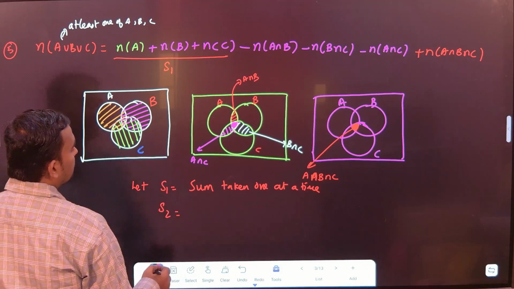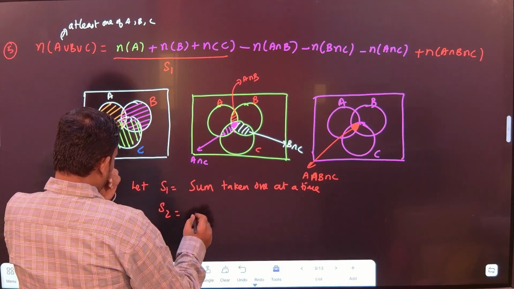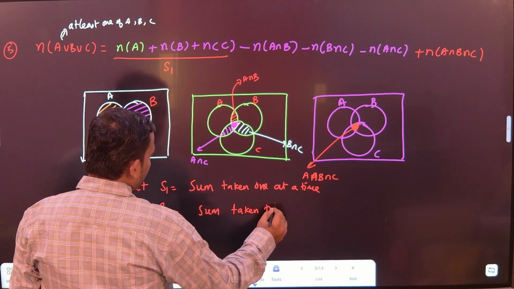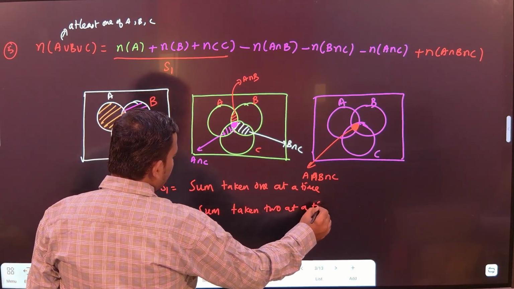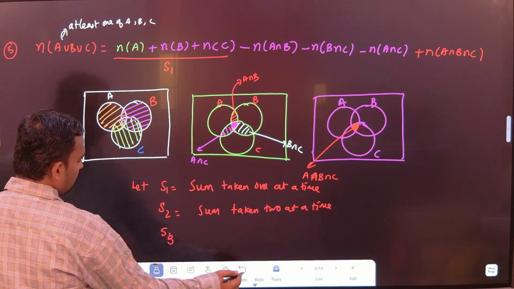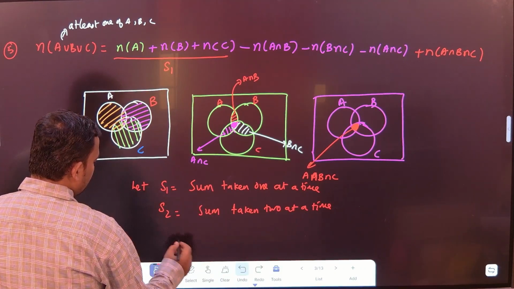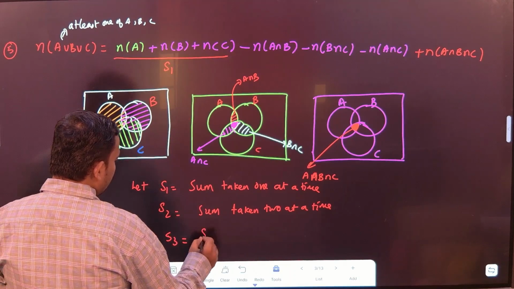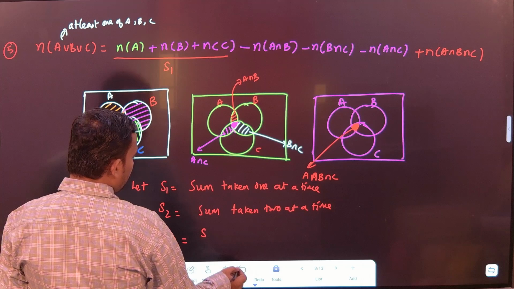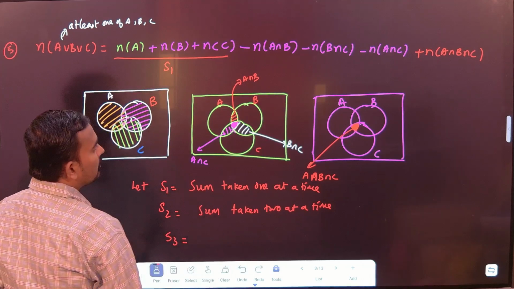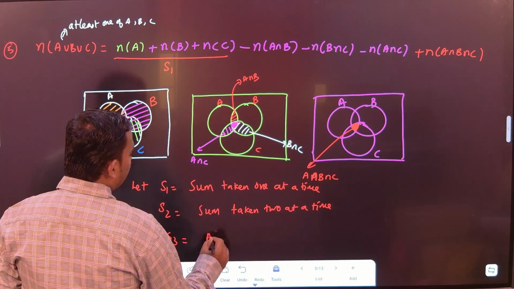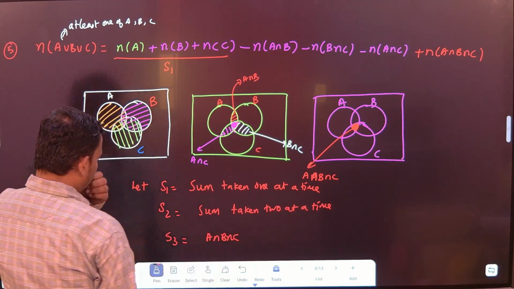S2 you can take as the sum taken two at a time. S3 you can take here. What is S3? The sum taken three at a time, right? Clear? So that means A intersection B intersection C here.